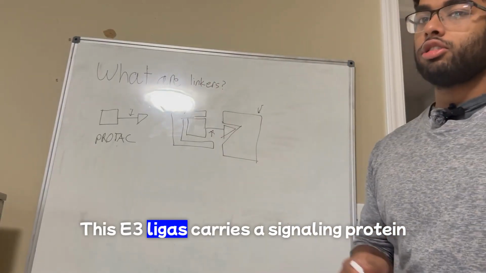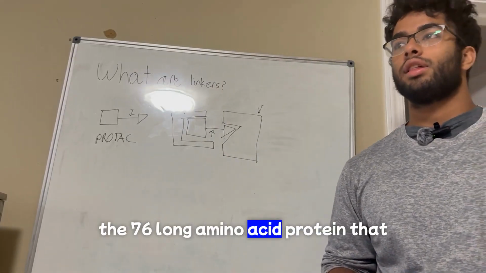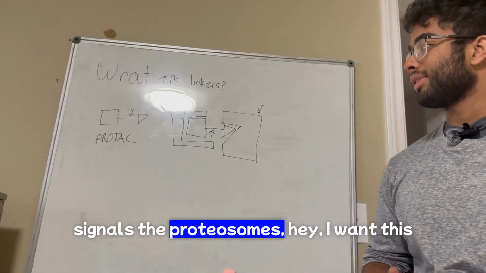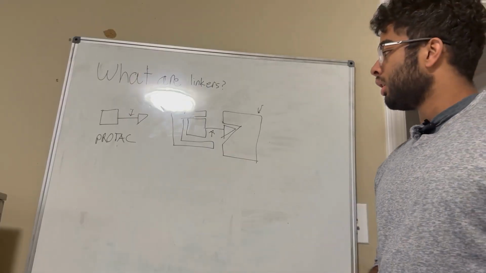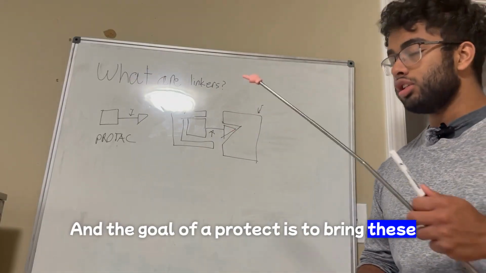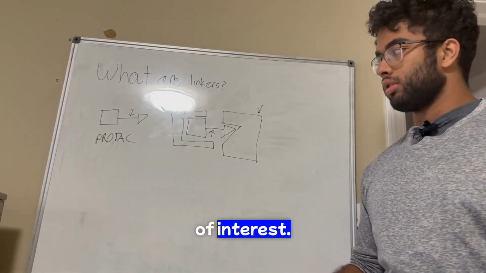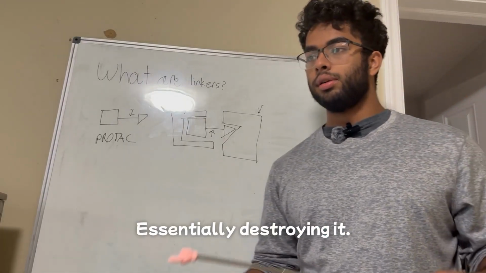This E3 ligase carries a signaling protein called ubiquitin. It's a 76 amino acid long protein that signals the proteasomes, hey, I want this protein destroyed, right? And the goal of a PROTAC is to bring these two proteins close enough to where ubiquitin can transfer to the protein of interest, essentially destroying it.